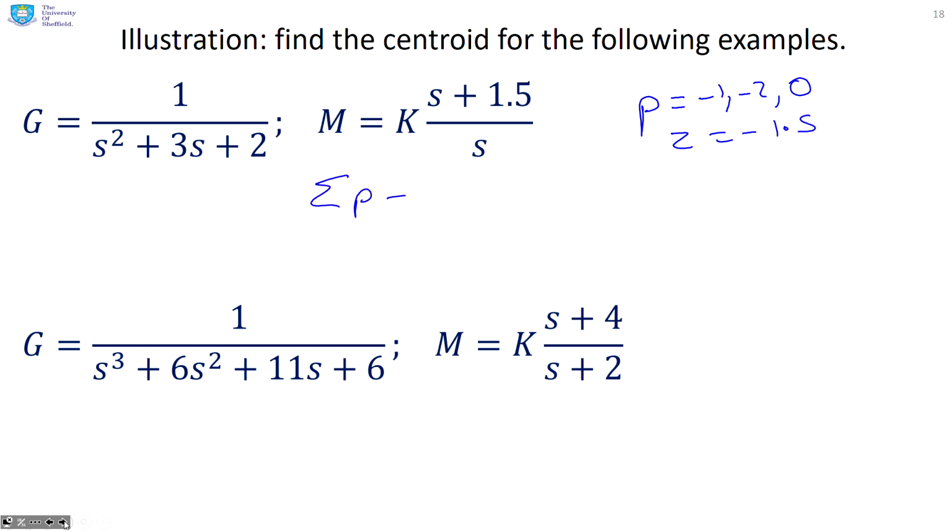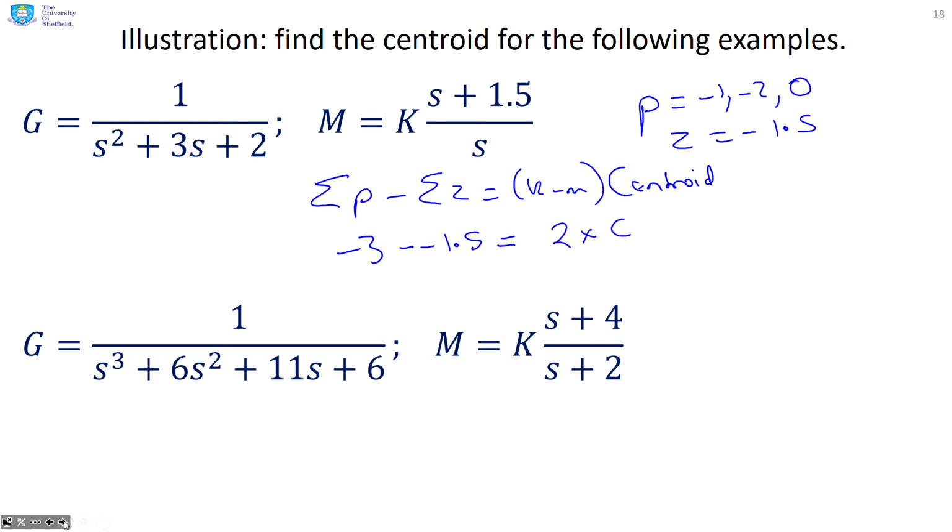Sum of poles minus sum of zeros equals k minus m times the centroid, and so you get minus 3 minus minus 1.5 equals 2 times the centroid, which in this case is going to give you the centroid equals minus 1.5 over 2. And hopefully you say, yeah, there is a bit of computation there, but it's not particularly challenging.